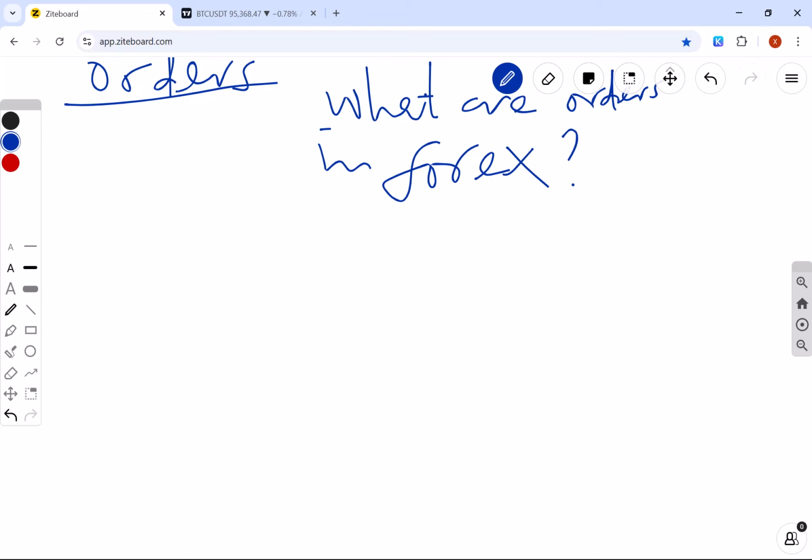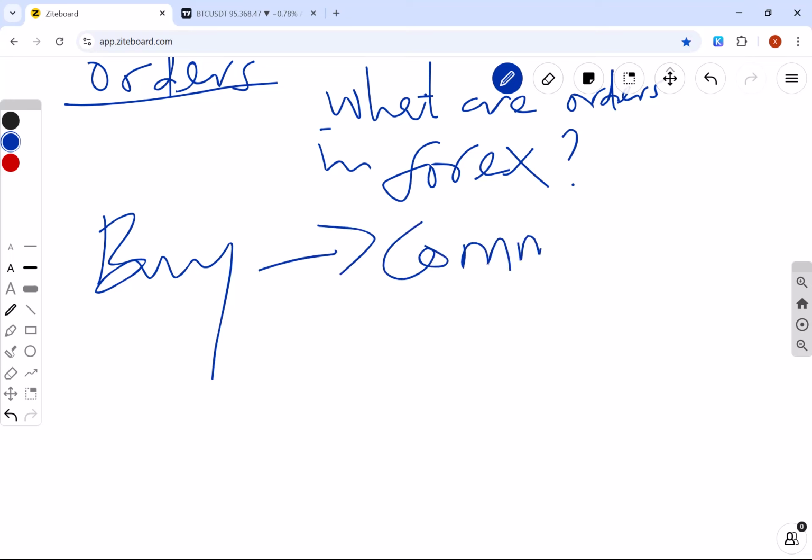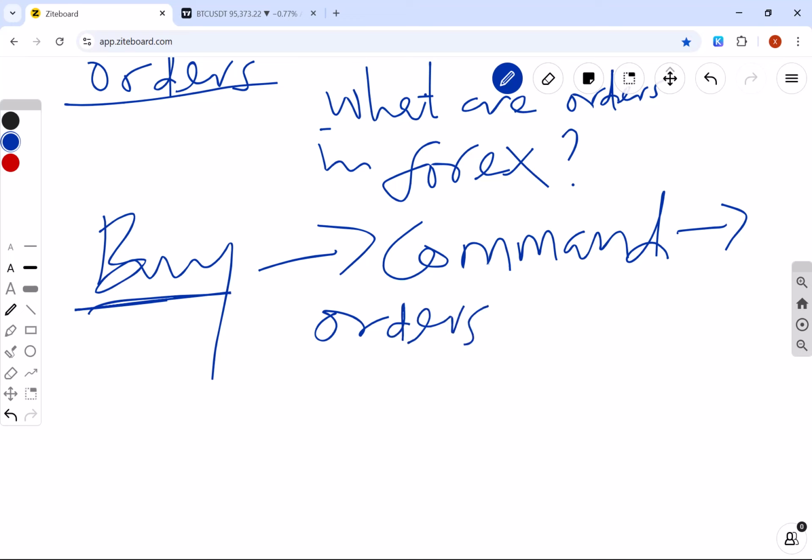As I said, the broker is the intermediary between us and the global central market. So if we want to, let's say, buy an asset, we give the broker a command. The command is for it to buy, and that command, we refer to it as orders.